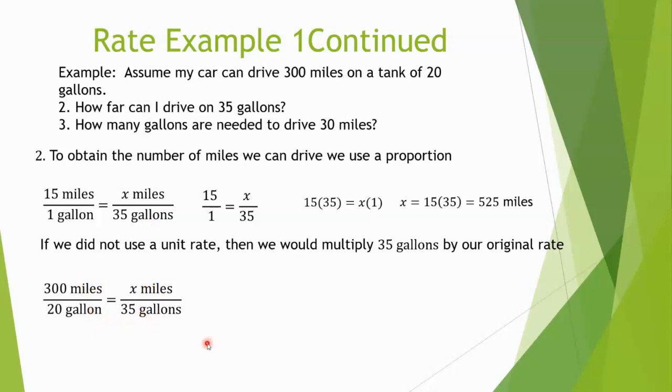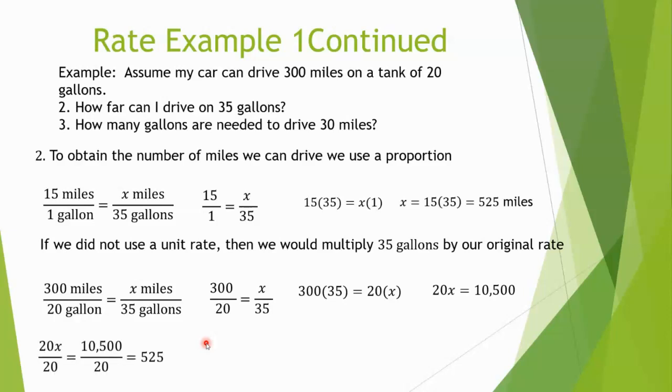So how do we get x? Just like before, we cross multiply. By cross multiplying, again, the units are gone now, we get this. And of course, what is x? Well, we get 20 times x is this, then we divide by 20. Basically, you're going to end up with the same thing. There's a little bit more calculation, but it's not terrible.